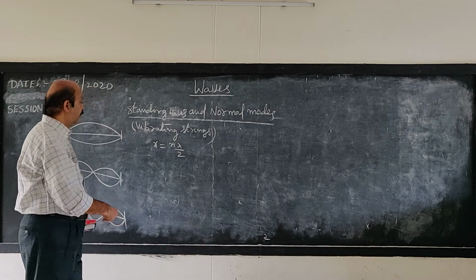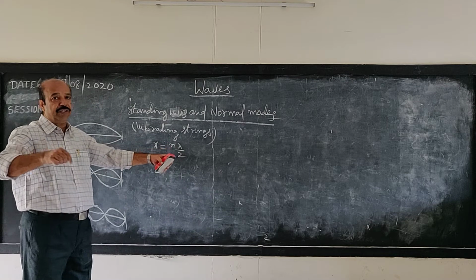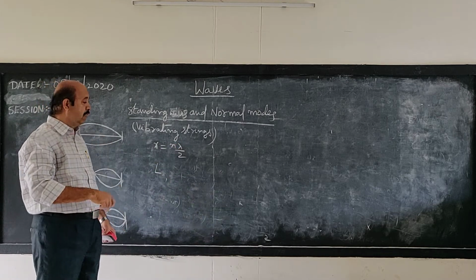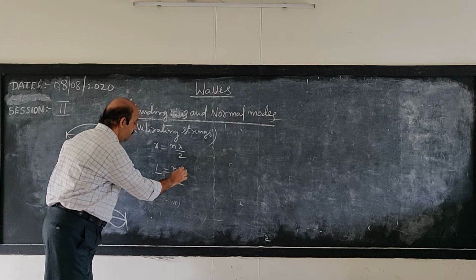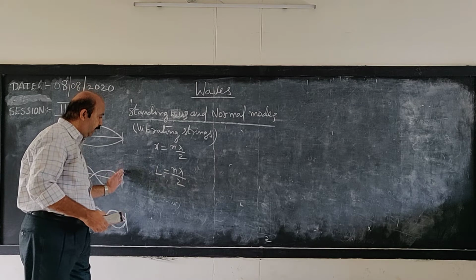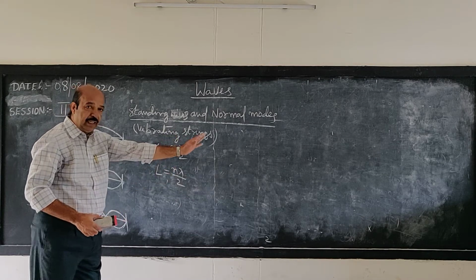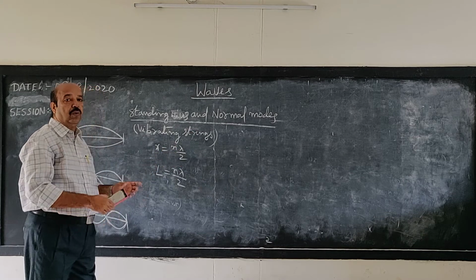If the length of the string is taken as L, since the string is attached at both ends, then we can say n lambda by 2. This is if L is the length of the string. From one end to the other end, the other end is also connected to a rigid boundary, so that also will be a nodal point.